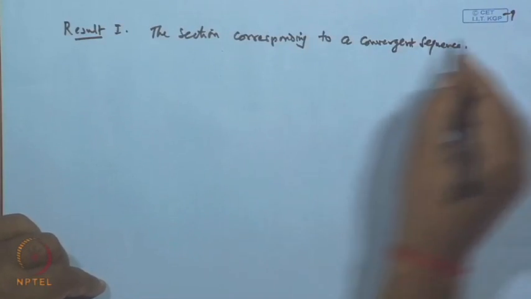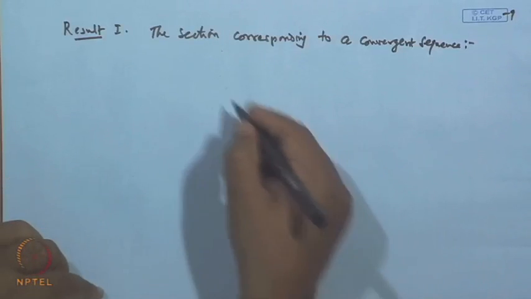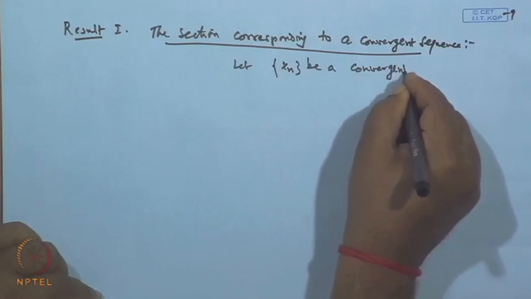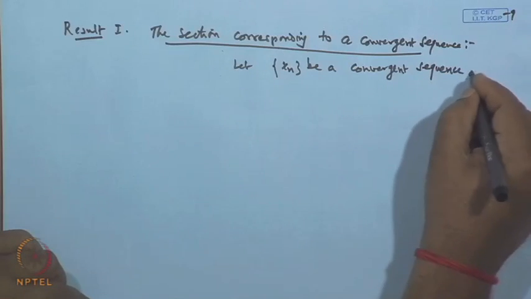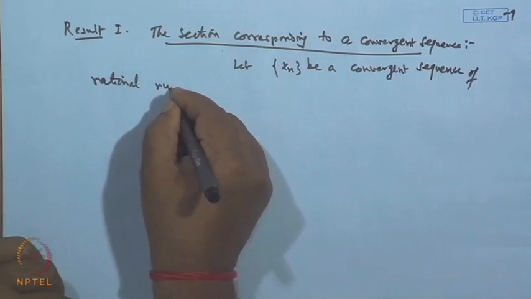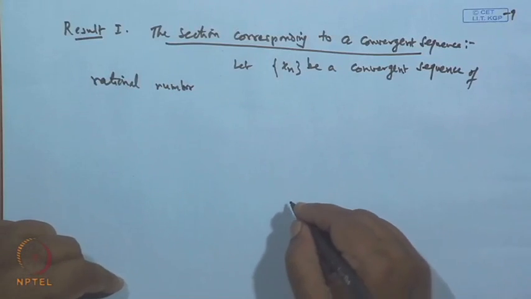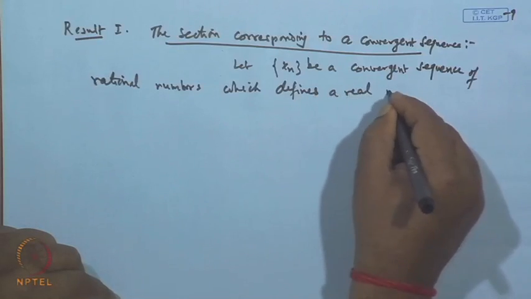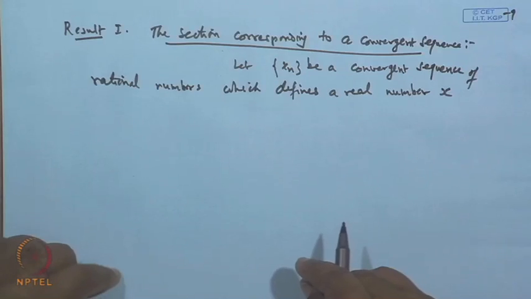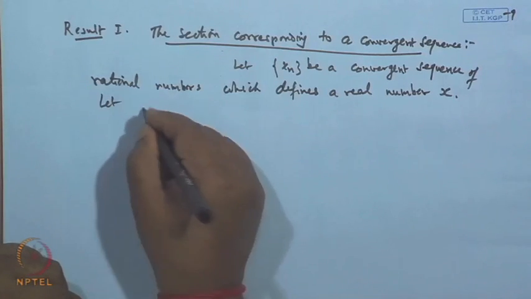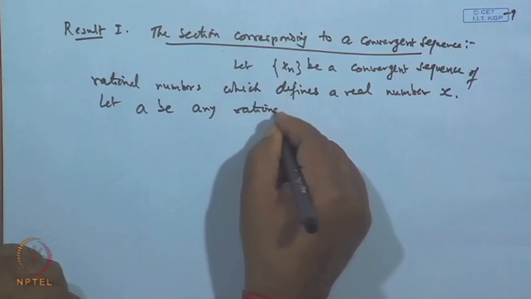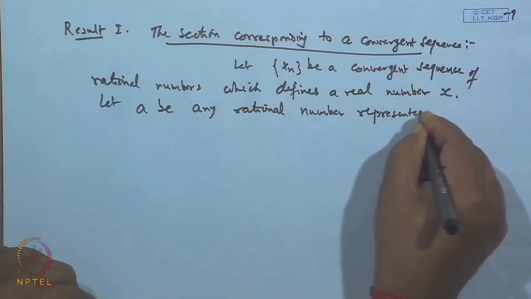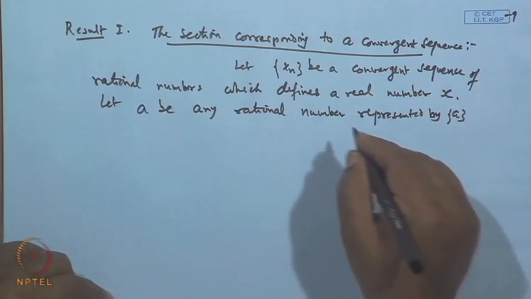Okay. Let us see. So, let x n be a convergent sequence of rational numbers which defines the real number x, and let a be any rational number, represented by a sequence A where all the terms are the same a.